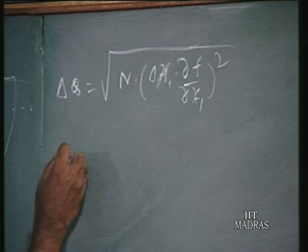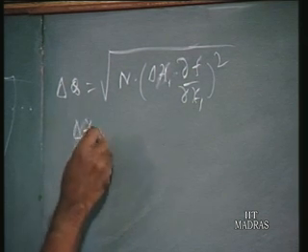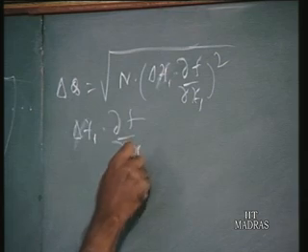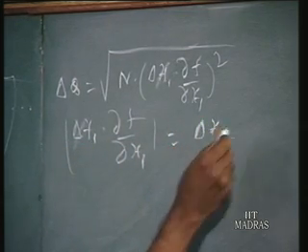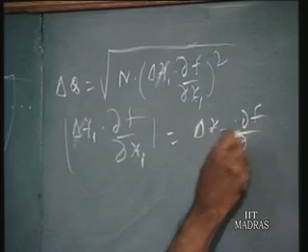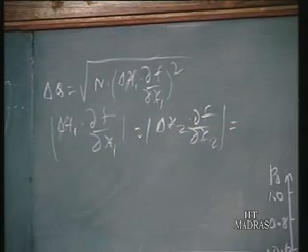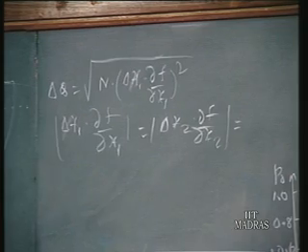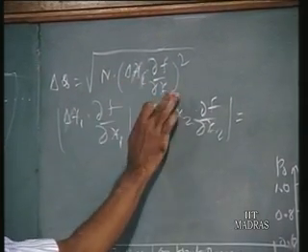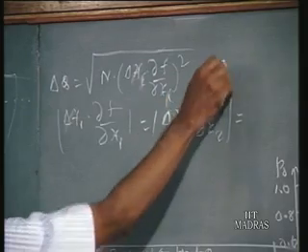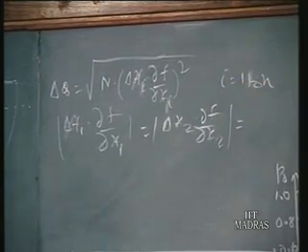This holds under the assumption that delta x1 into dou f by dou x1 is equal to delta x2 into dou f by dou x2, mod. They are all equal, and under that condition we write the above equation. Now instead of 1 you call i, where i varies from 1 to n. Then we can find out what delta xi should be.